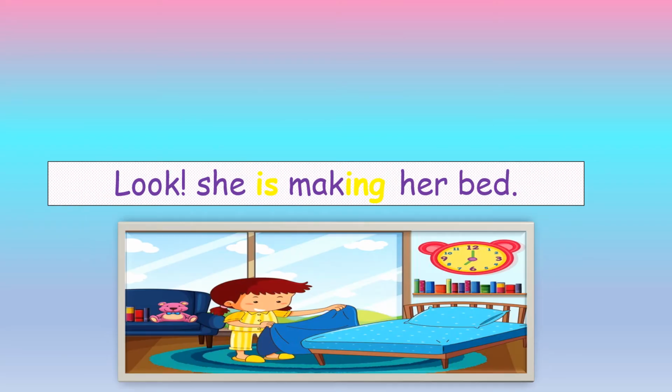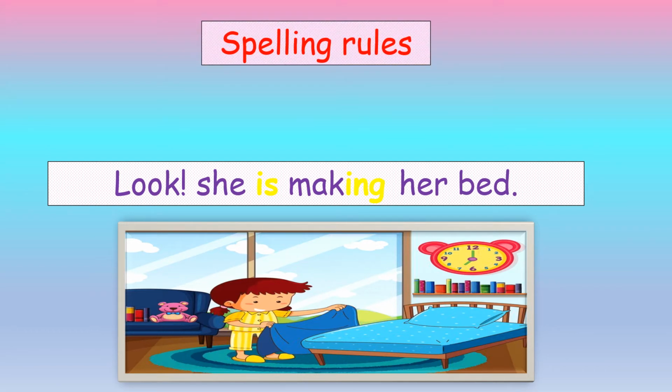Now, what is the girl doing? Look, she's making her bed. So, look is from the keywords for the present continuous, and then we put she. She is the subject, is verb to be, making. Okay, where is the e gone? Make ends with an e. So we have some spelling rules here.